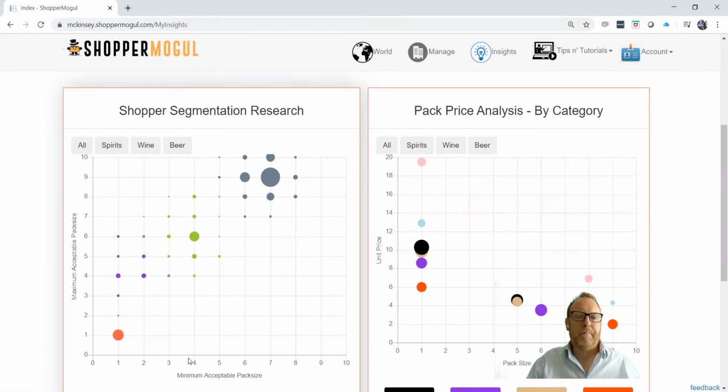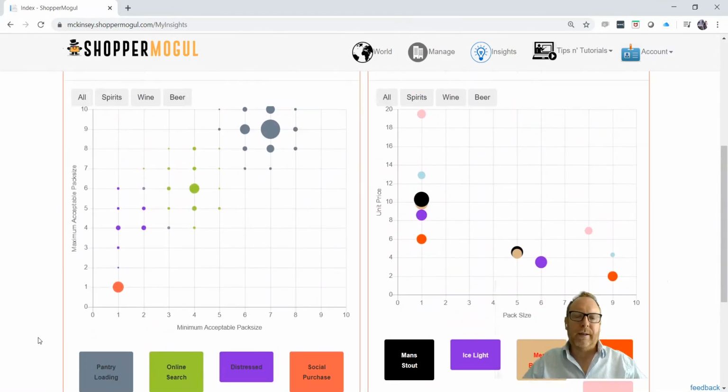Now, packs in Shopper Mogul are all sold at somewhere between a 1-pack and a 10-pack. Now, obviously, different types of shoppers shopping in different outlets for different reasons will have different sizes that are actually appealing to them. Now, we break this down into what we call shopper missions.